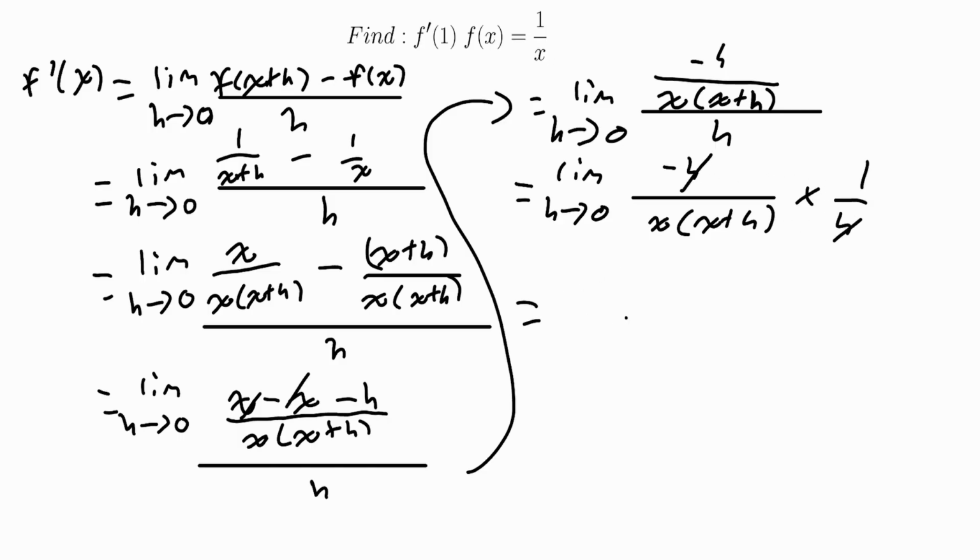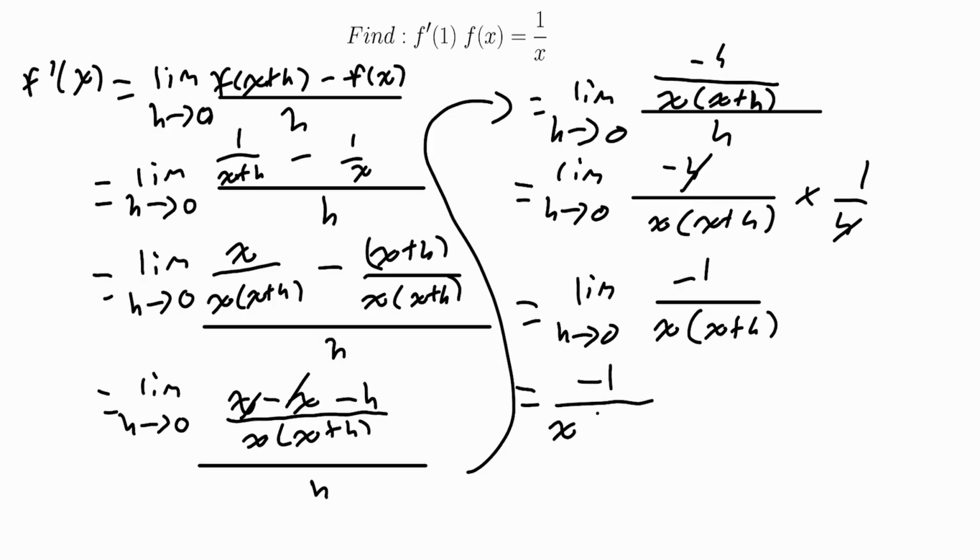And so we're left with the limit as h approaches 0 of negative 1 over x times x plus h. And here we can now evaluate the limit as h approaches 0. And so we're left with negative 1 over x times x plus 0, which is just equal to negative 1 over x squared.